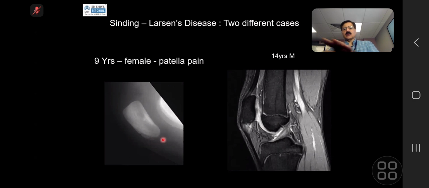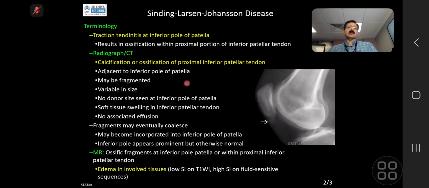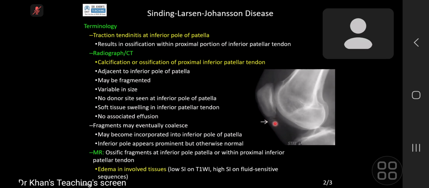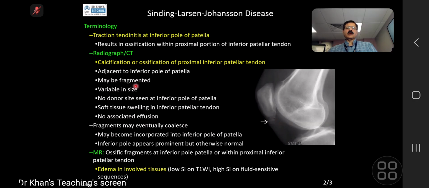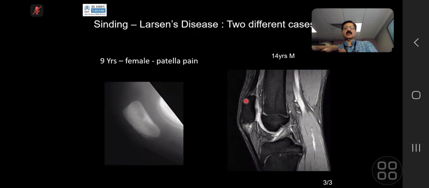Later on, people understood that it is just traction tendinitis of the inferior pole of the patella, and within that tendon there can be ossification, which gives this fragmented appearance. Sinding-Larsen disease.